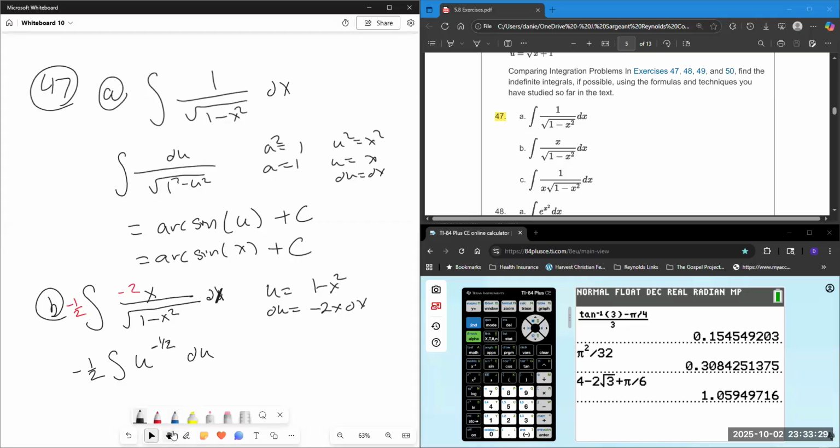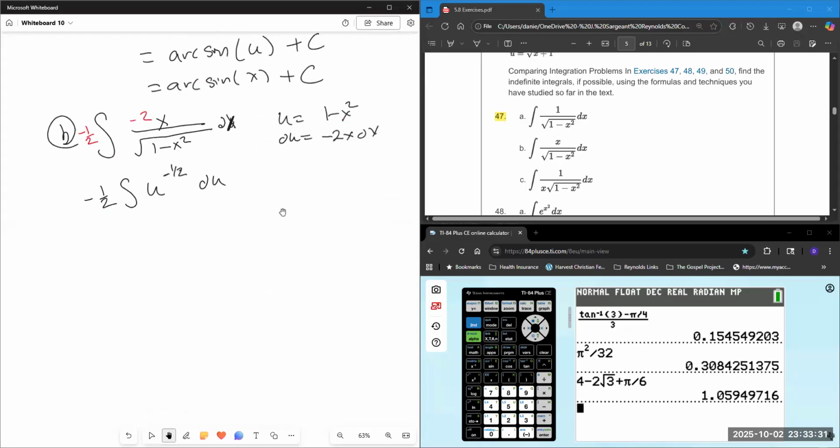So that will be negative 1/2 u to the positive 1/2 times the reciprocal of 1/2, which is 2, plus c. So this will be negative square root of 1 minus x squared plus c.